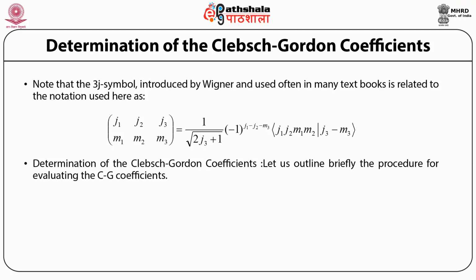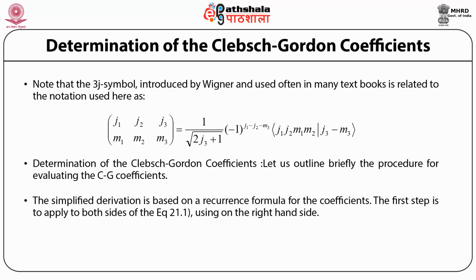Determination of the Clebsch-Gordan coefficients. Let us outline briefly the procedure for evaluating the CG coefficients. The simplified derivation is based on a recurrence formula for the coefficients. The first step is to apply J² to both sides of equation 21.1, using on the right-hand side J² equal to j1² plus j2² plus 2 j1·j2, which is again equal to j1² plus j2² plus j1+ j2− plus j1− j2+ plus 2 j1z j2z.